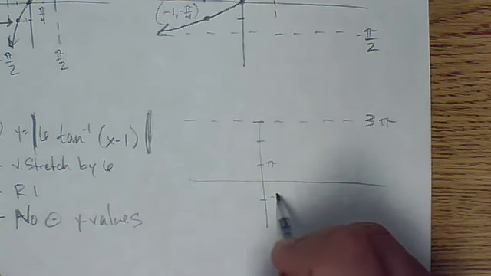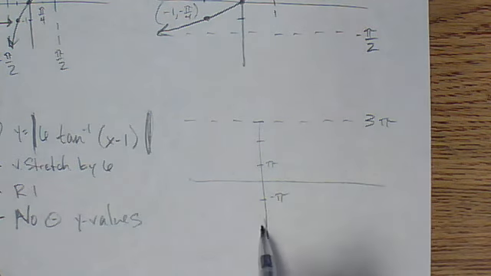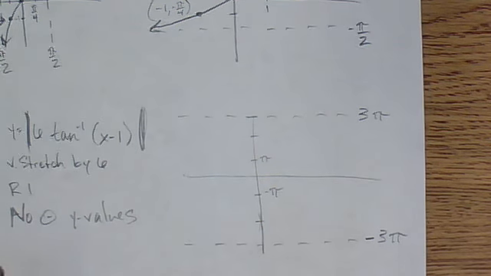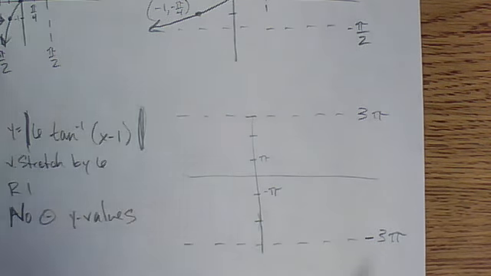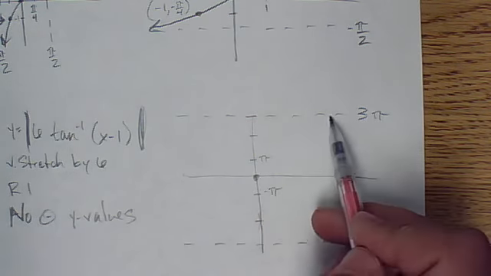This is a negative pi. So this graph right here looks like this.